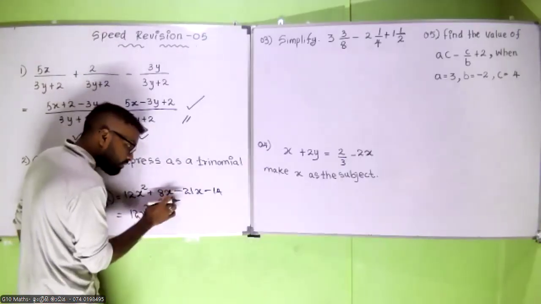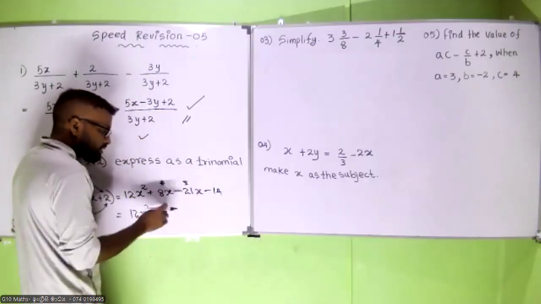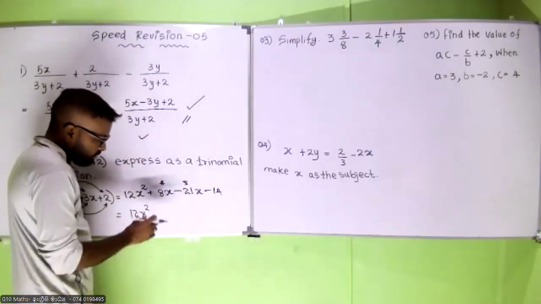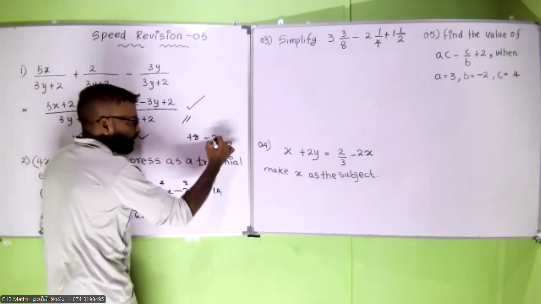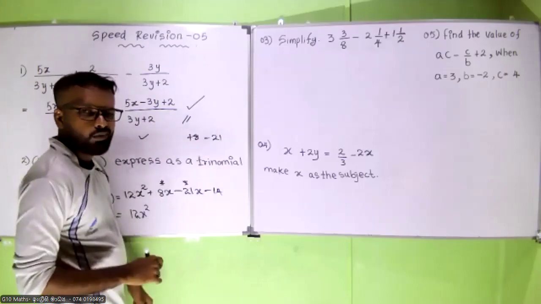But when it comes to these two terms, they are like apples, right? X. So this is positive 8. This is negative 21. So the big brother is 21. Get the subtraction, 21 minus 8.